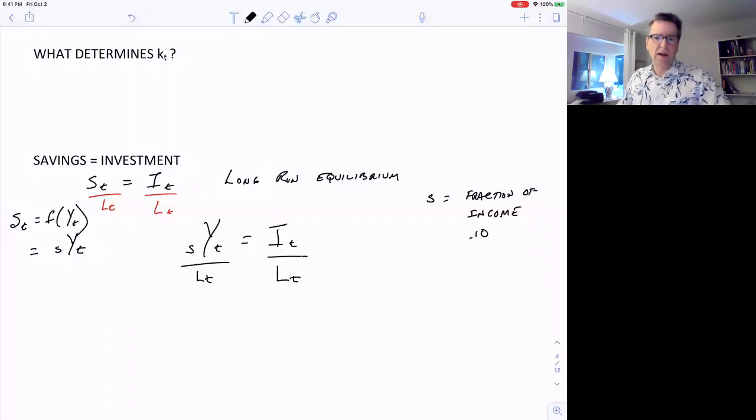Now, I sub t over L sub t is the amount of investment per worker. So I sub t over L sub t, we're going to set that equal to little i at time t, the investment per worker at time t.